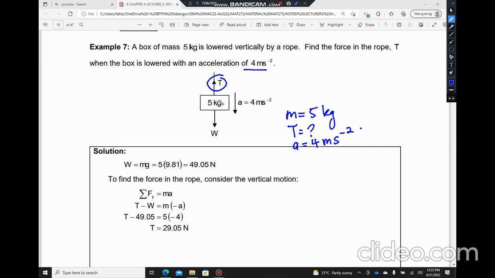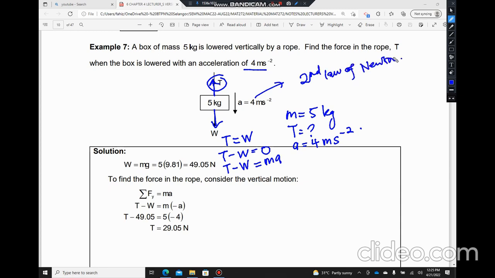Okay, so kita tahu formula dekat sini. Daya ke atas akan sama dengan daya ke bawah. So T equals to W. Okay, then satu lagi, kalau sebelum ni T minus W is equals to 0. But this one, we need to use T minus W equals to MA, because this one dah jadi second law of Newton's.